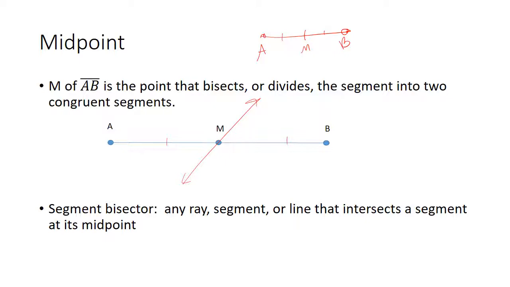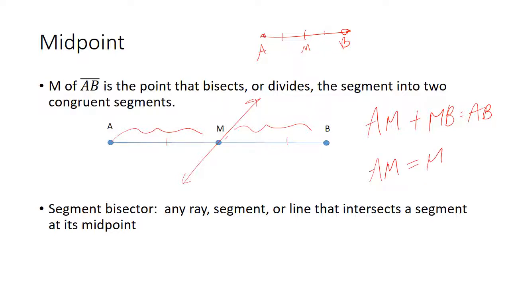What's really important then is that AM is equal to MB. So you could say AM plus MB is equal to AB, but you can also say, because they are congruent, that AM is equal to MB, right?